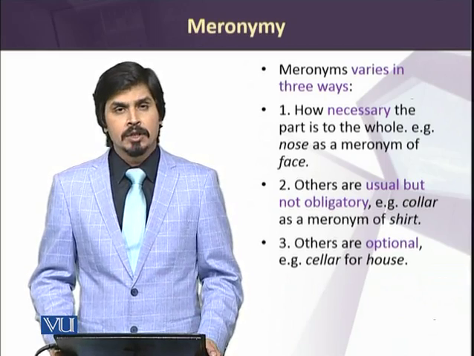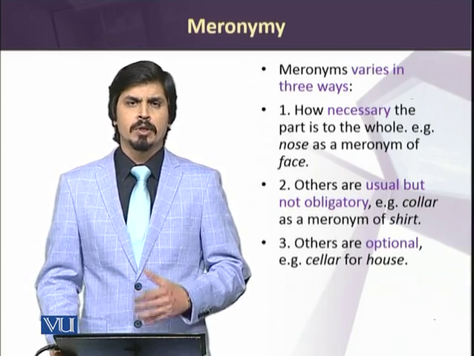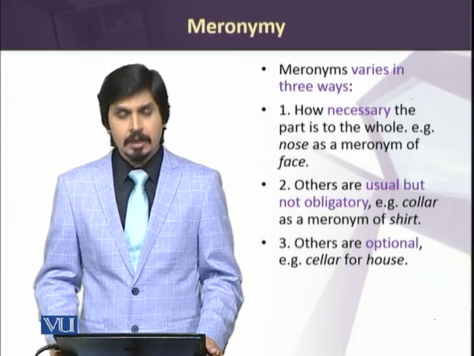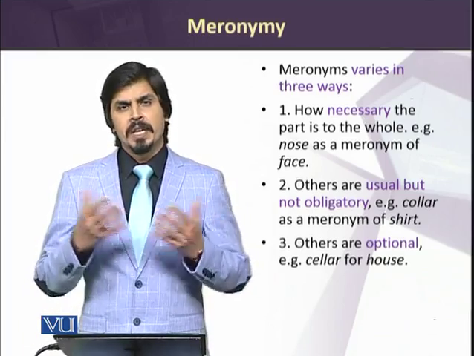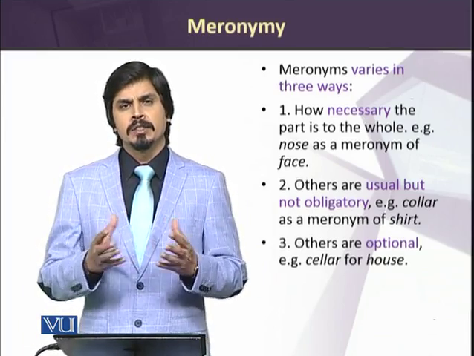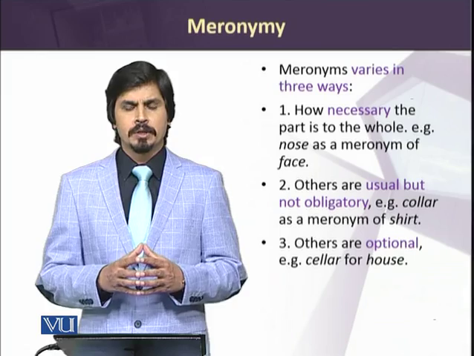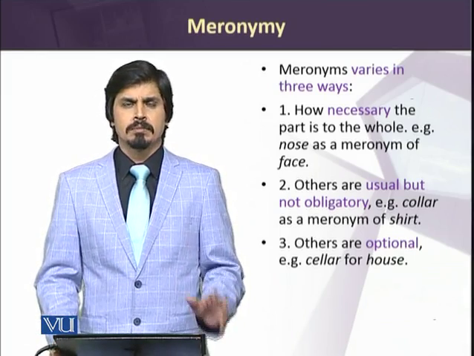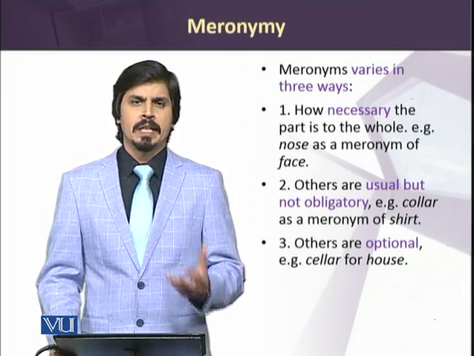In contrast, we can say there are some usual but not that obligatory relationships, for example, between the collar and the shirt. A shirt may have a collar, but it is not necessary for a shirt to have a collar always. Moving on to optional relationships, and that can be found in a relationship between a cellar and a house.